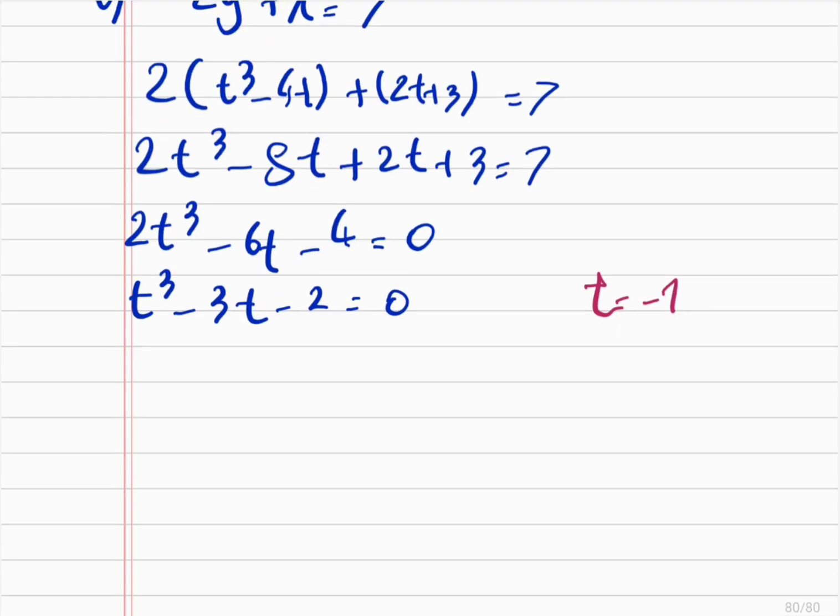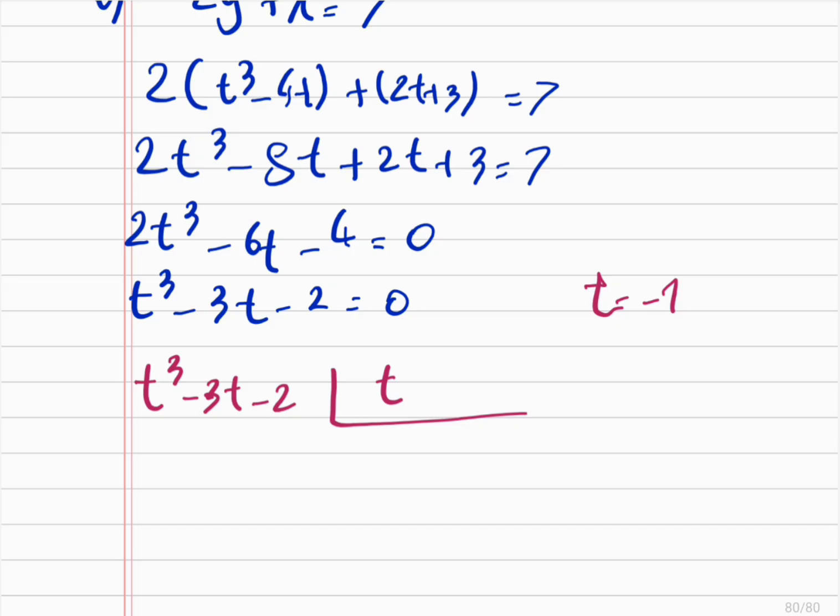Because to find the next solutions, you can always take that function and divide it by that solution. So in this case, remember, when you want to divide them, it's going to be that variable, in this case t, minus the solution, right?